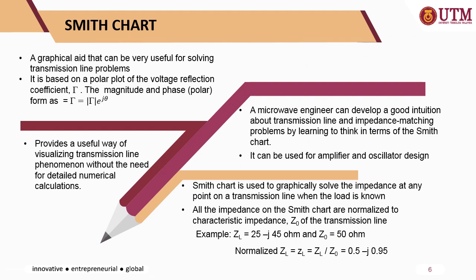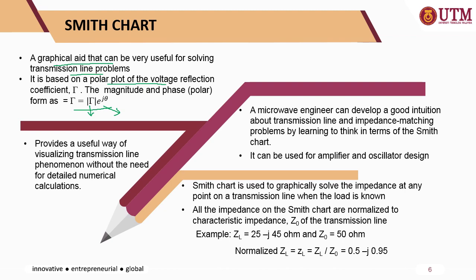So a quick overview: a Smith chart is basically a graphical aid that will be very useful for solving transmission line problems without the need of complicated calculation. It is based on a polar plot of the voltage reflection coefficient, and it can be represented by this equation, in which you have the magnitude, the real part, and also the imaginary part.